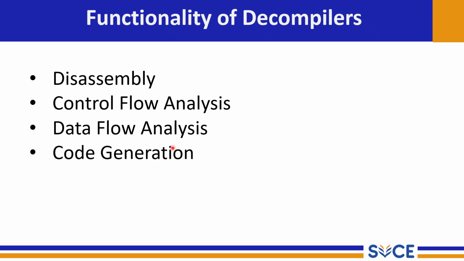Third, data flow analysis: the decompiler analyzes assembly code to track the flow of data through the program, identifying the variables, data structures, and their relationships. And next, code generation: the decompiler then generates the corresponding source code in a higher level language using the information gathered from the control flow and data flow analysis.